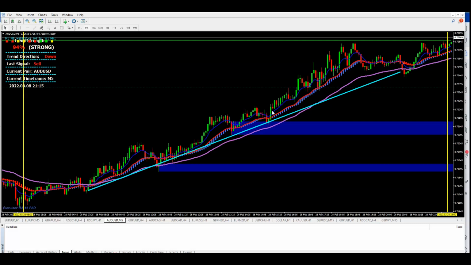Here's the thing, when people are scalping, they tend to forget that this is a 5 minute time frame. So if you have 5, 10, 15 minutes or even 20 minutes of a pullback, it can seem like an eternity.